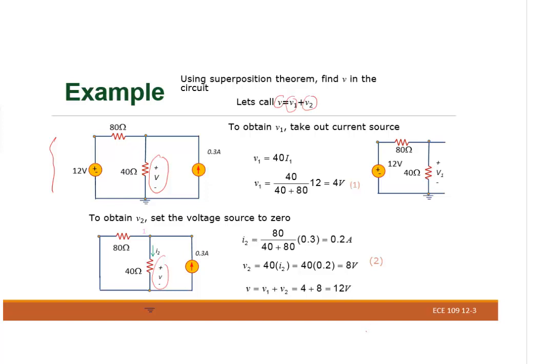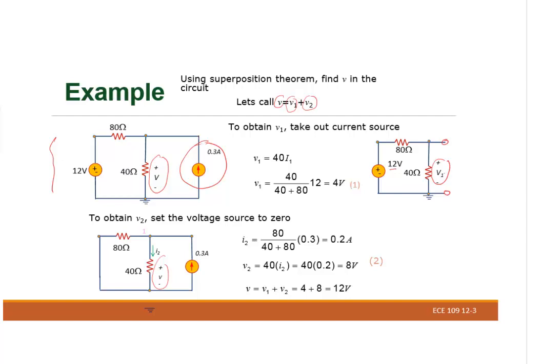So first, let's take out the current source. When you take out a current source, we leave that point open, an open circuit. So we have a circuit like this. The voltage source is right there, 12 volts. To find V1, this will be voltage division.